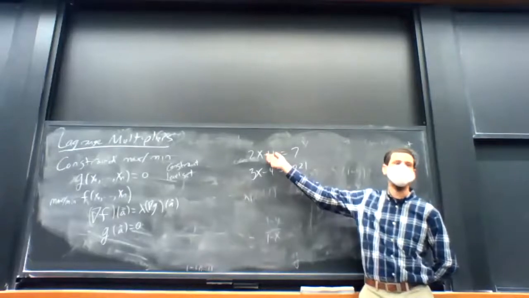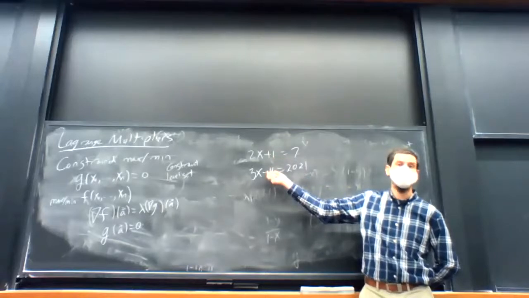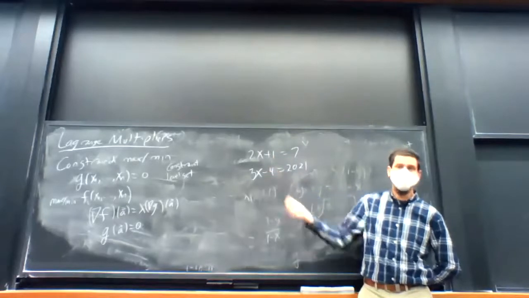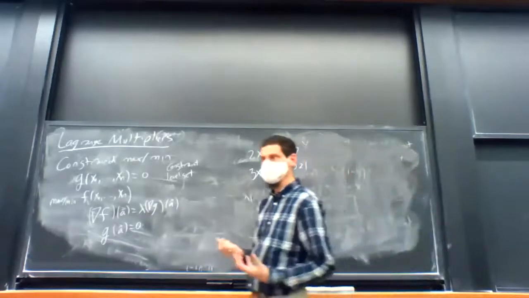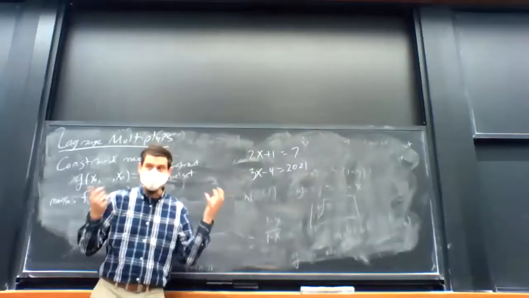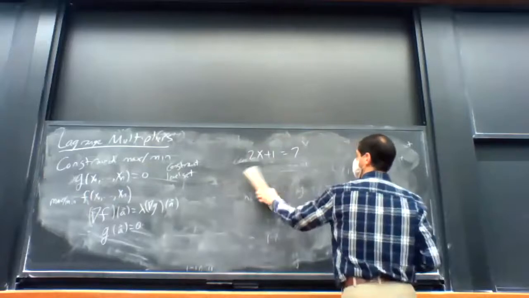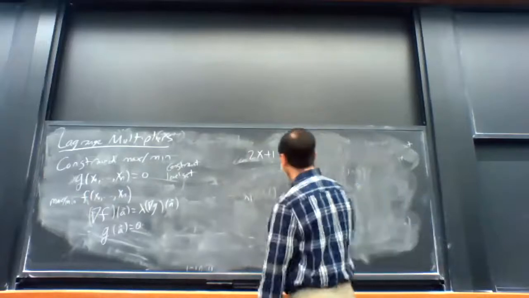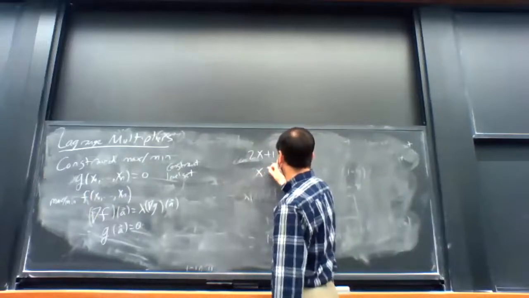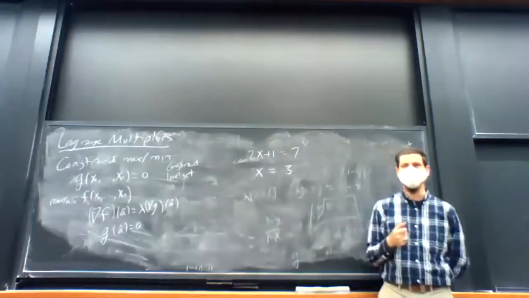This first equation is enough to specify what x is. And it's very unlikely that that happens to be the same one as this. So if I give you more equations than unknowns, I don't expect there to be a solution. There might be. If I give you 2x plus 1 equals 7, and x equals 3, well, there is a solution. 3 works for both of them.